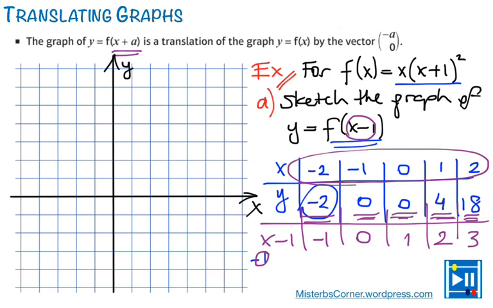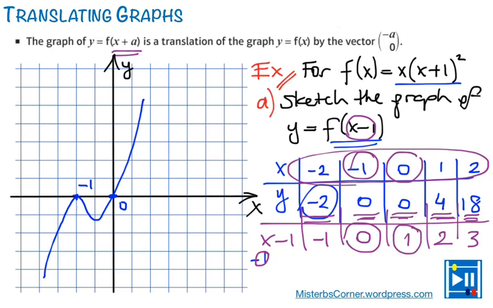Now, what does this mean? Let's draw the original function first. So there's a double root at x equals minus 1, so it must be like this, right? Now, we will have the roots of this equation not at x equals minus 1 anymore, but at x equals 0, and not at x equals 0 anymore, but at x equals 1, right?